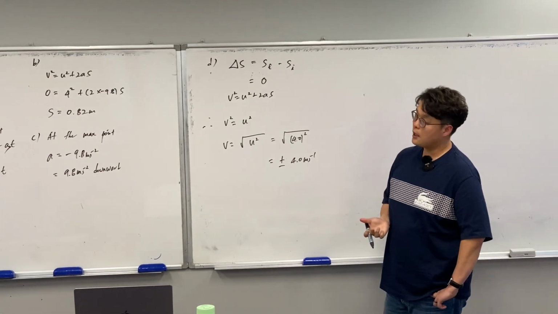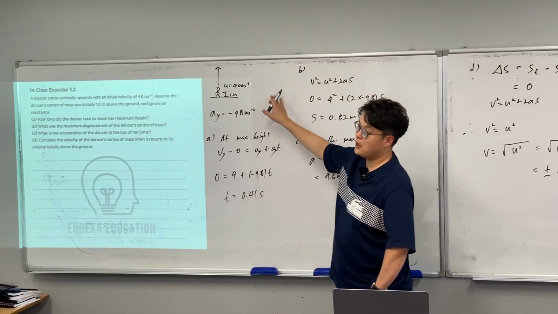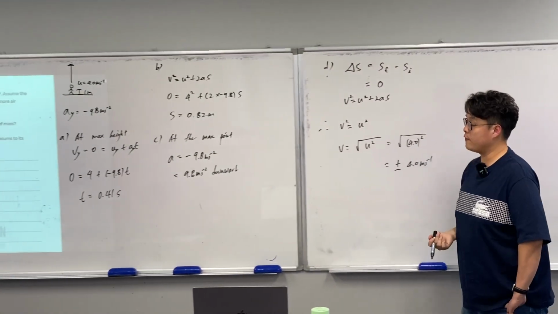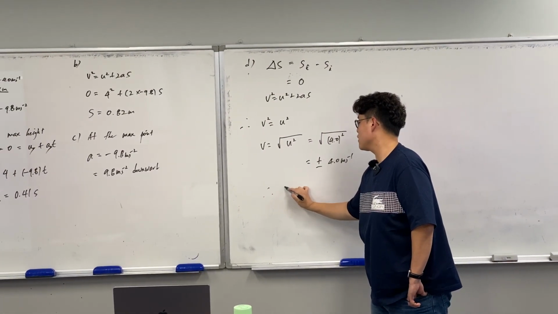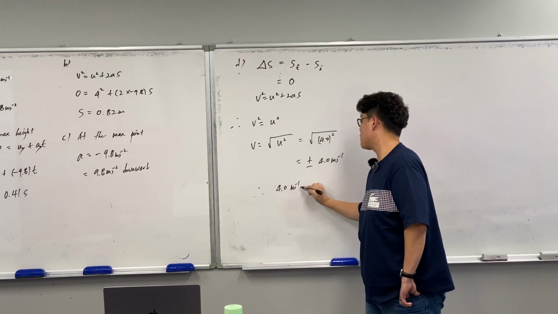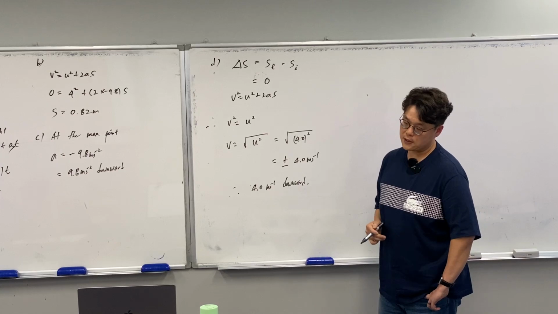Now, we know that the initial velocity was 4 meters per second upwards, and the direction of the final velocity is downward. Therefore the final velocity is 4.0 meters per second downward. That is the final answer for this.